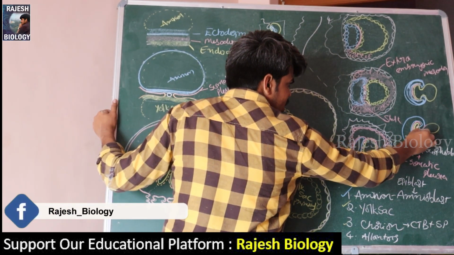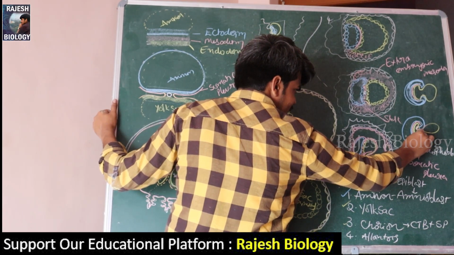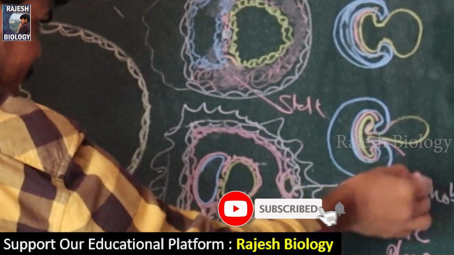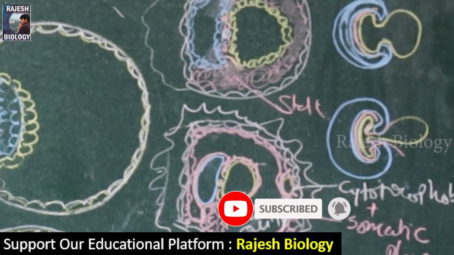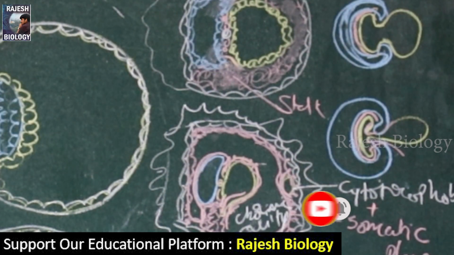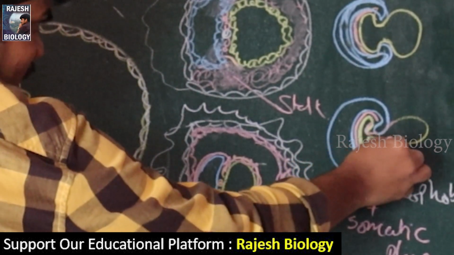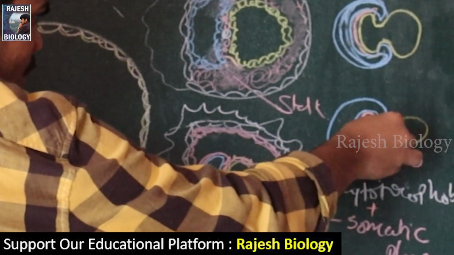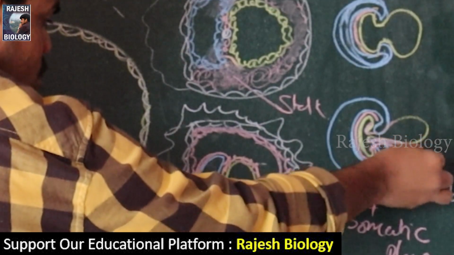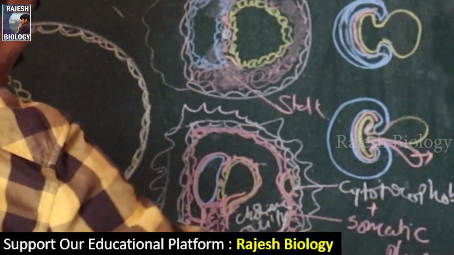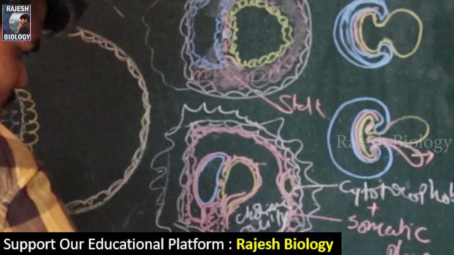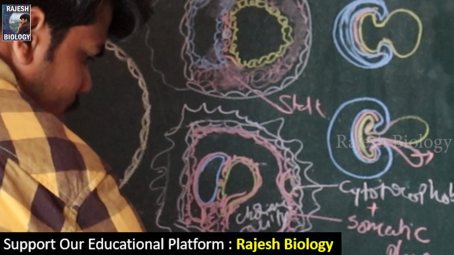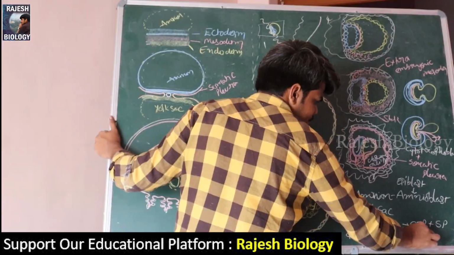If the yolk sac is connected to the mouth, the allantois develops from the anus. So from the hindgut, another extra-embryonic membrane develops to store the nitrogenous waste materials.